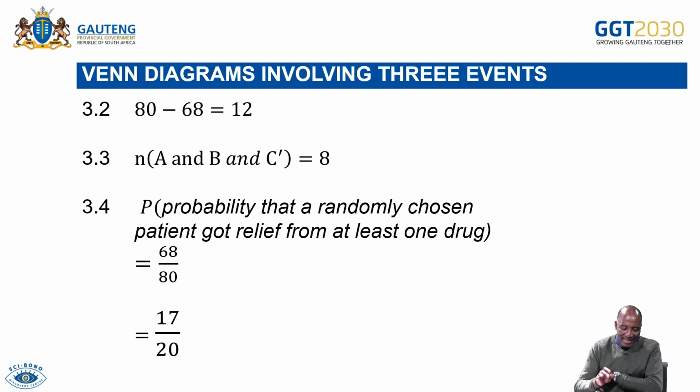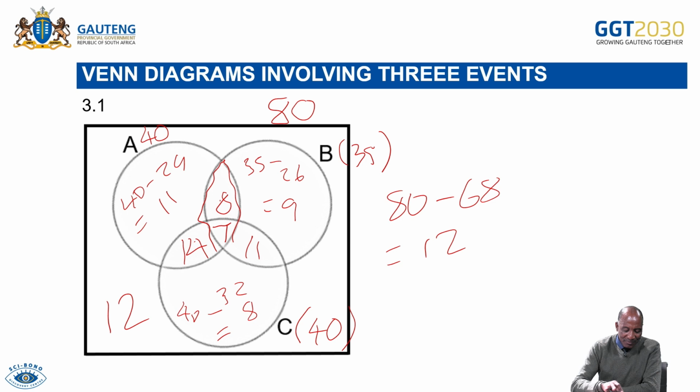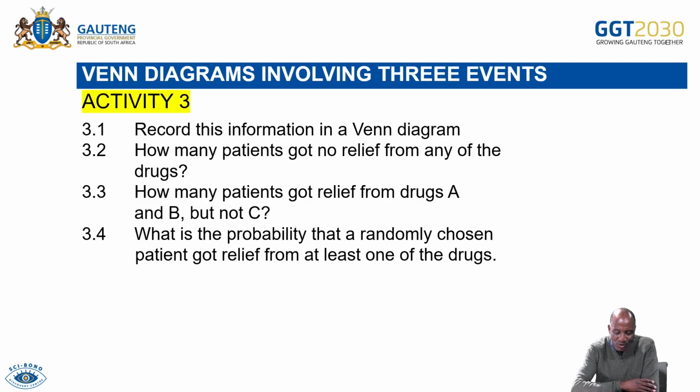Then the next question says, determine how many were not cured. It's going to be 80 minus 68 equals 12. Then the number of A and B and not in C. The question said here, how many patients got no relief from any of the drugs?